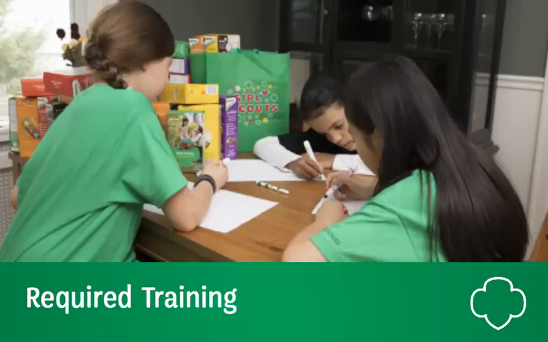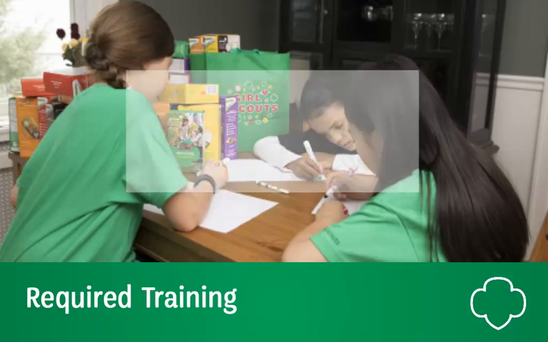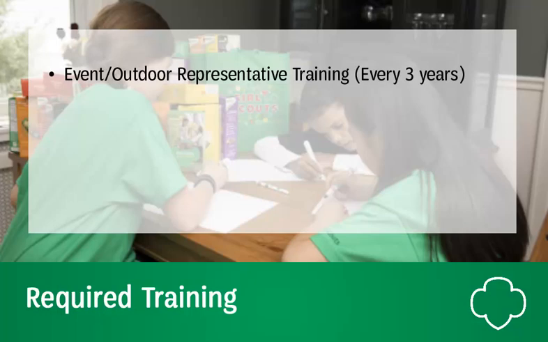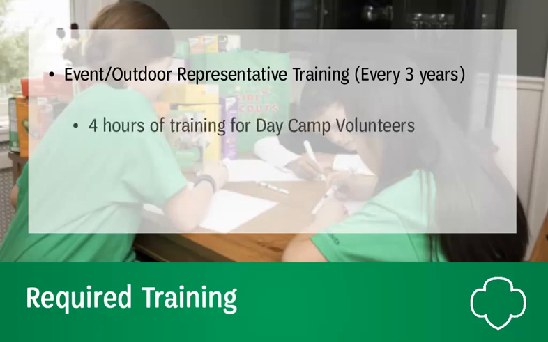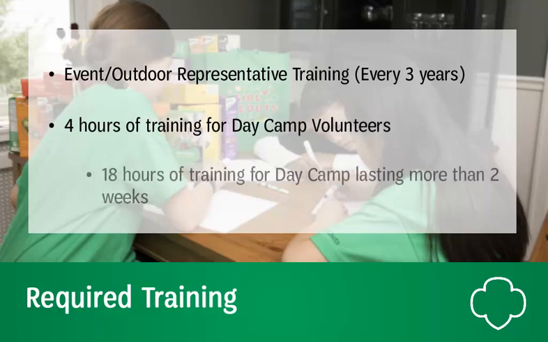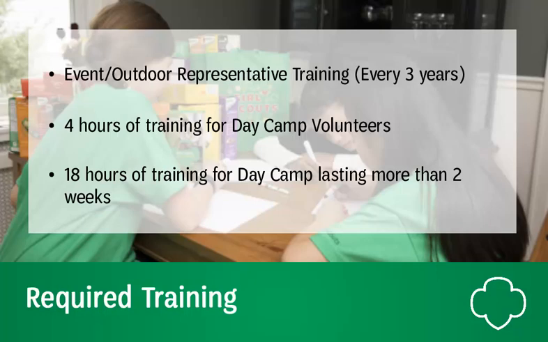It's important that your event committee receives the proper training to provide the best possible event. Event and outdoor representatives must complete this blended learning training every 3 years. Day camp volunteers are required to complete 4 hours of training, and 18 hours of training for day camps lasting more than 2 weeks.